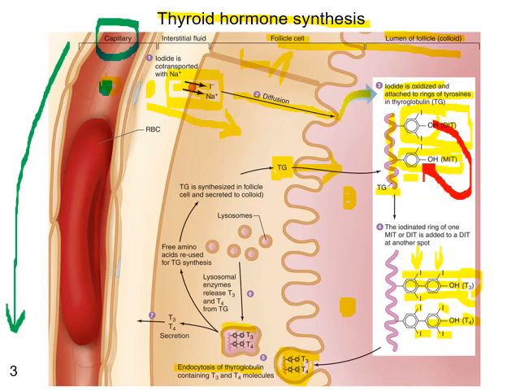Here is the modified thyroglobulin in a vesicle of the follicle cell, and lysosomal enzymes. So this is really a lysosome, not just a vesicle. Enzymes hydrolyze the double ring structure from thyroglobulin to release the T3 and T4 from the thyroglobulin.